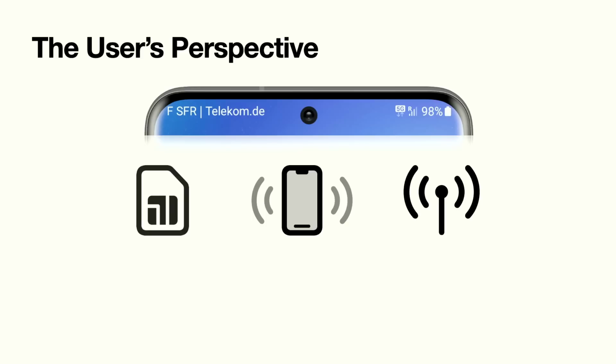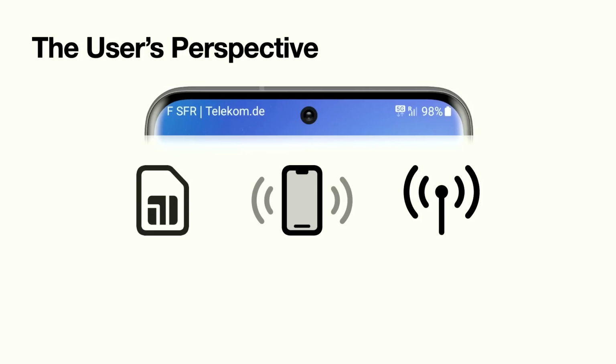We have a list in the SIM card of network names and network IDs. The network ID always consists of a country code, which identifies the country, and a network code, which identifies the network within a country. So the SIM card can have a list of those network names and network IDs, but also the phone itself has a list of network names and network IDs.